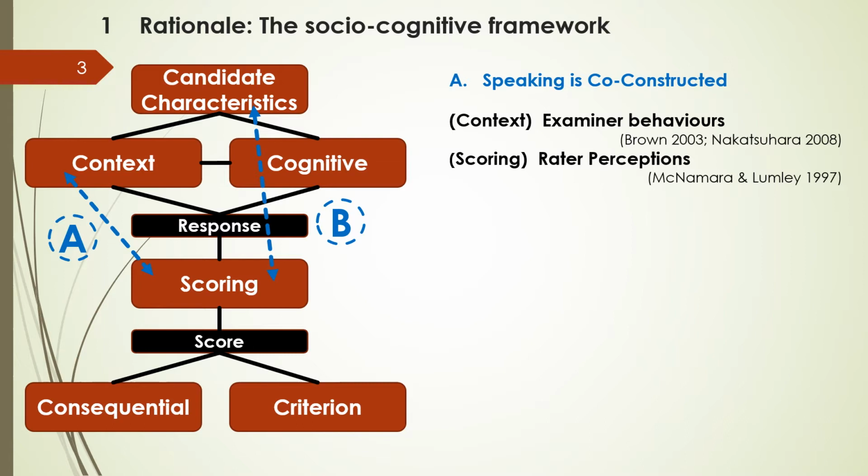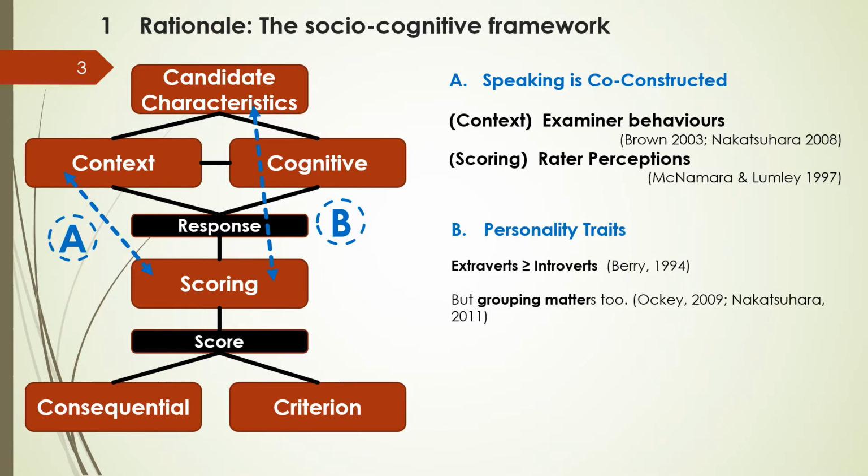One of those factors is personality. Research within language testing has shown that test takers' personality, and this is specifically trait extraversion, interacts with elements of a test context, size and composition of interlocutor groupings, and this can influence how much a test taker might decide to say and how they co-construct the discourse.